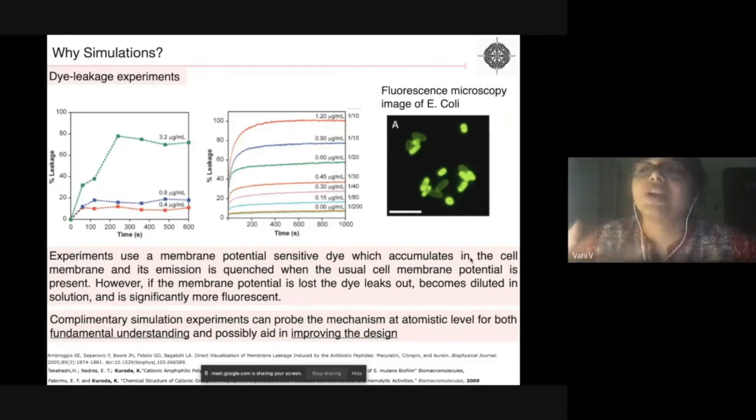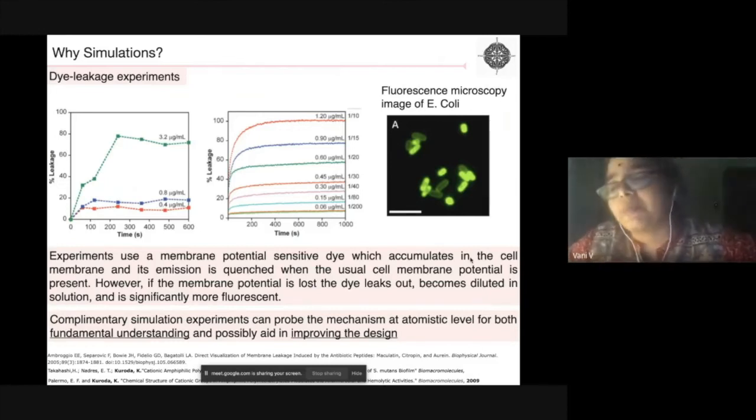So you can already see these experiments are very coarse. They really do not know what is actually happening when these polymers interact with the bacterial membrane. They only know that they kill these things. This is where simulations can really help, because we put in all the gory details at the atomistic level, and we can give back some information to the experimentalists which is very difficult to probe.